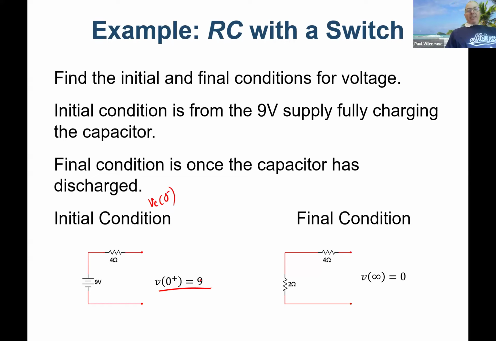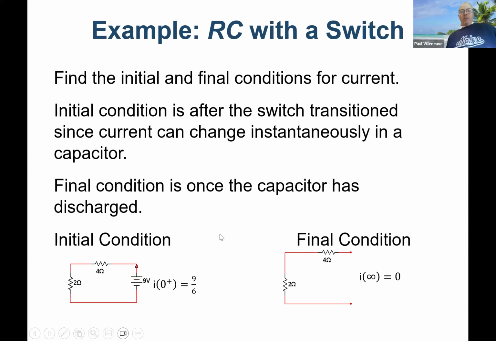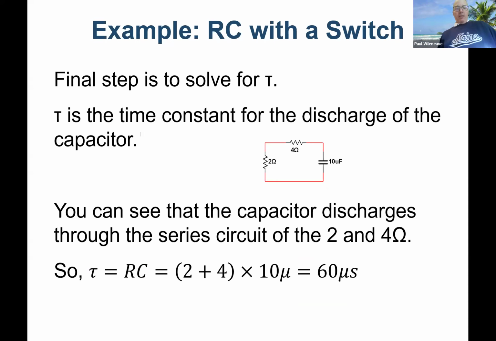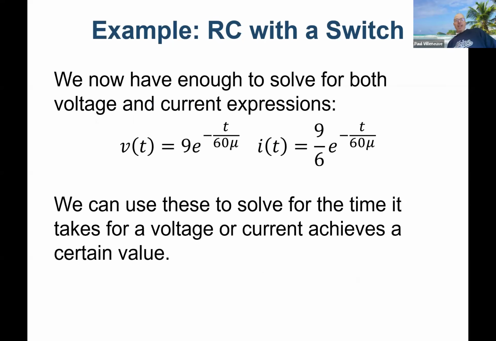I even said V of 0 plus is equal to 9, but that's also the same thing as V of 0 minus. So after the switch is transitioned, here's my time constant, 2 plus 4 times 10 microfarads equals 60 microseconds. And here is my expression.